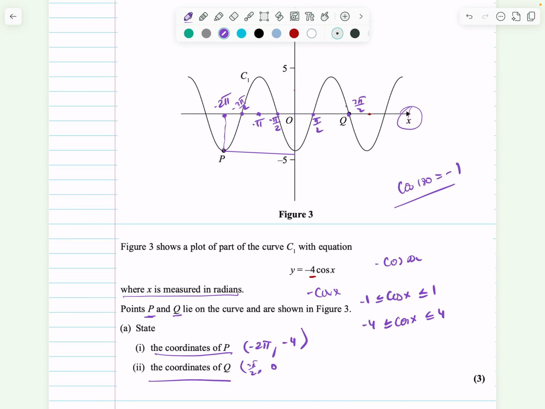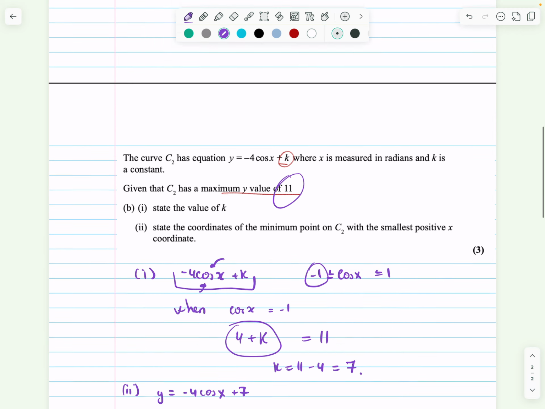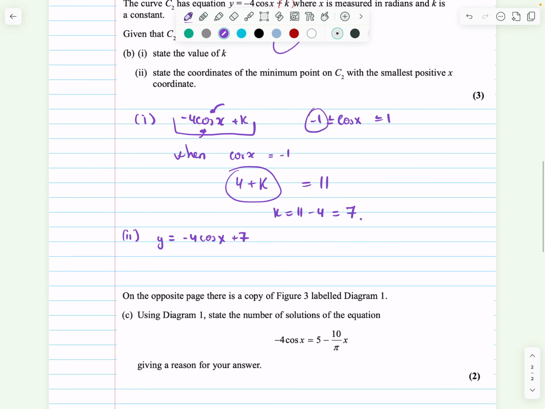Alright, so what I do now, as I can see here at this point, it has the minimum value, right? So what is this one? We actually found it over here. It is 2 pi. Okay, so 2 pi is the point where this negative 4 cosine x plus 7 will be minimum.